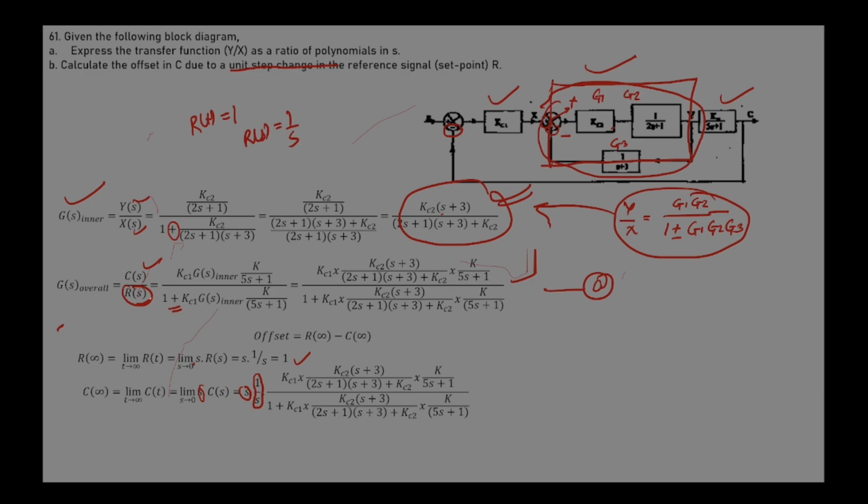Because when R(s) goes there, then we are able to find the complete C(s). So 1 upon s into this whole term. Now put s equal to 0 everywhere. So what we will get, we will get this. So this is our offset.